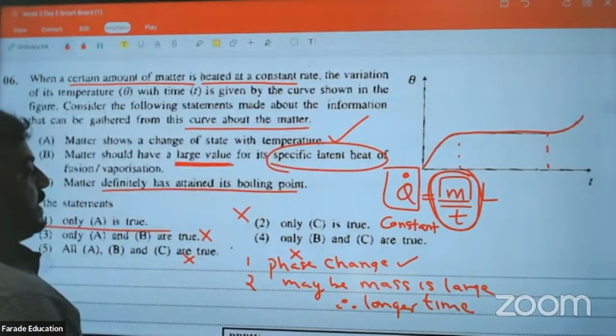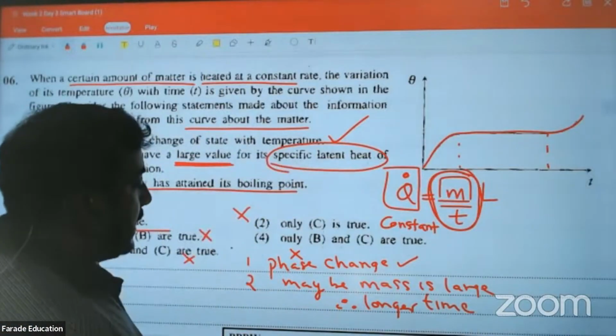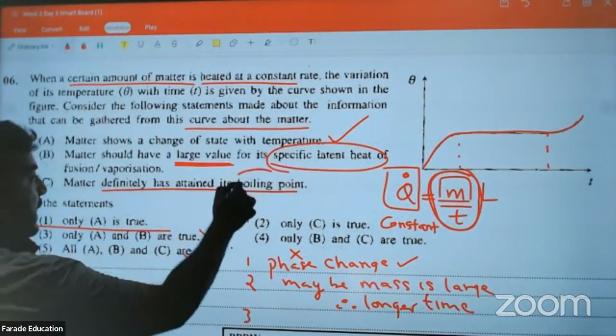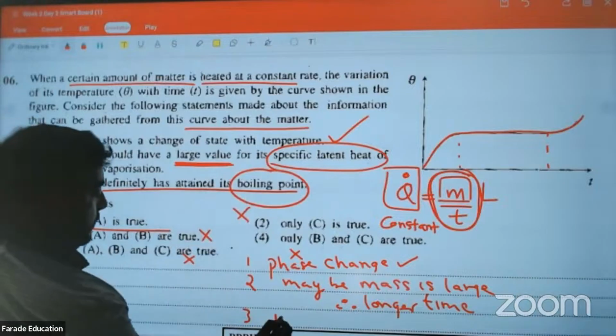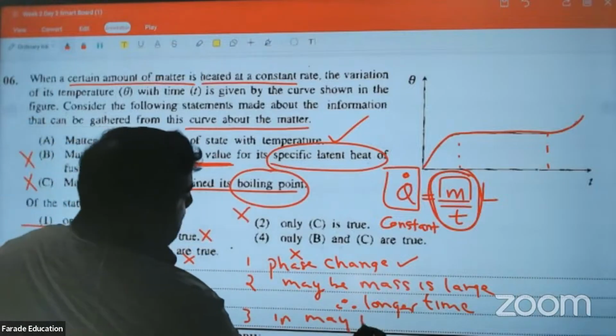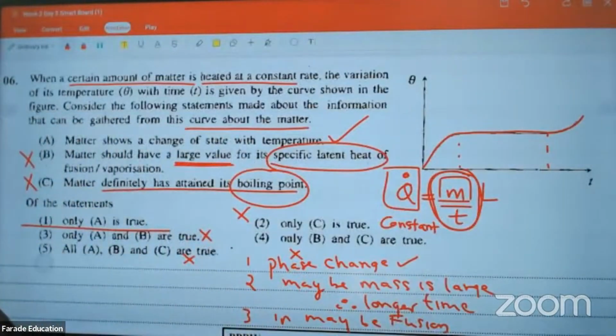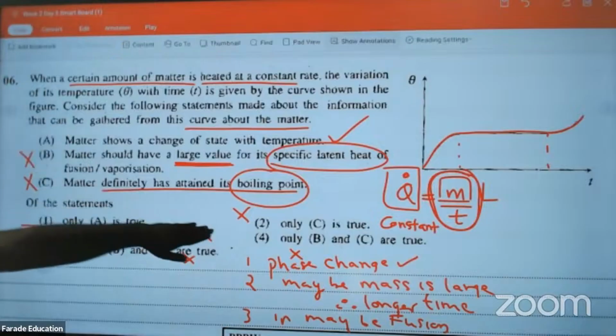We can't always say specific latent heat is large. Third one, definitely a certain boiling point. It may be fusion. We don't know. So therefore, guaranteed correct statement is only A. Okay, no? So these are the 3 points.